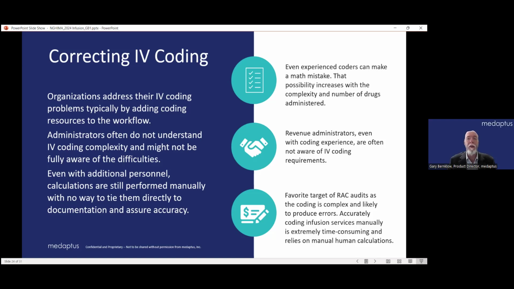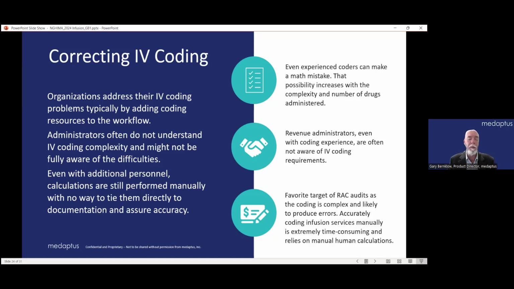So even experienced coders can make a math mistake, right? And the possibility for those mistakes is going to increase with the complexity and number of drugs that are administered and the number of events associated with those drugs. So remember, your revenue administrators may need to become aware of how difficult this coding is in order to be convinced that there might be a problem.